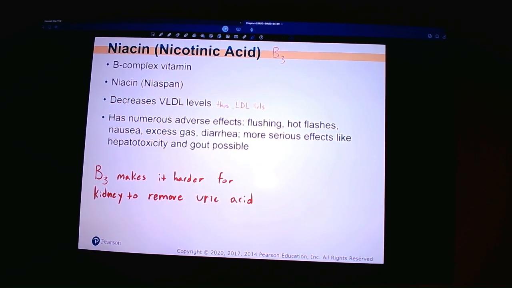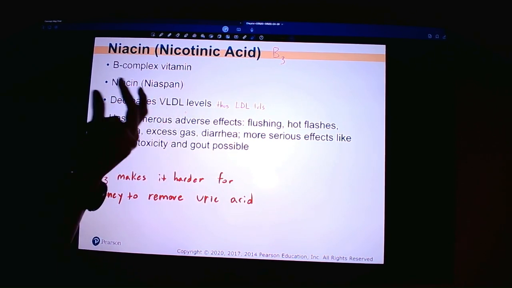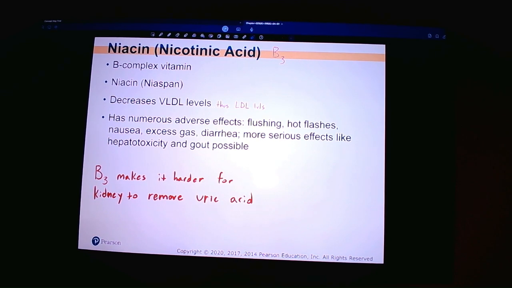So it's going to help out with LDL and VLDL. What I want people to remember is vitamin B3 is for high VLDL, right? We're going to use the V as a very big thing to help us remember it, right? Because vitamin B3 will help with high levels of VLDL.